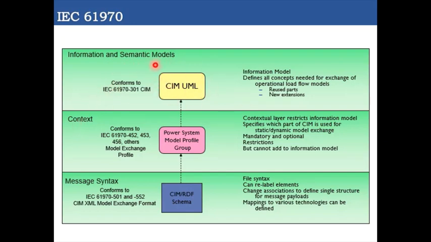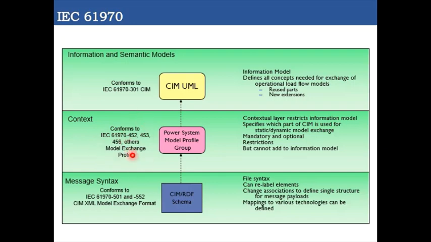Now after the semantic model, you want the context. That means you need various profiles. In IEC 61970-452, 453 and 456, various power system model related profiles are already created, which are commonly utilized for any software related data exchange.